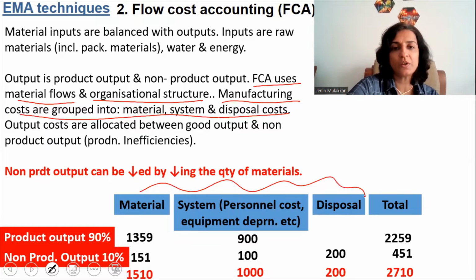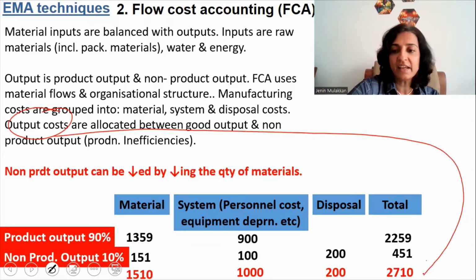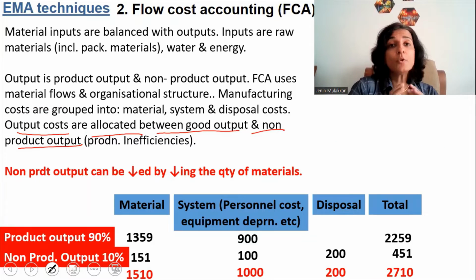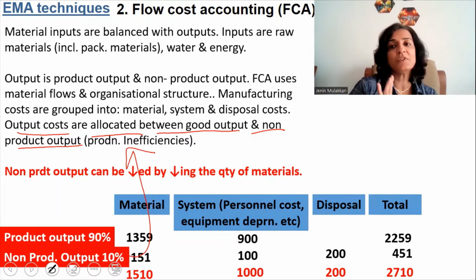So that is what we saw here. Now, output costs are allocated between the good output and the non-product output. So whatever output costs are there, it is divided between the bad output and the good output. And in flow cost accounting, they consider the non-product output as production inefficiencies.